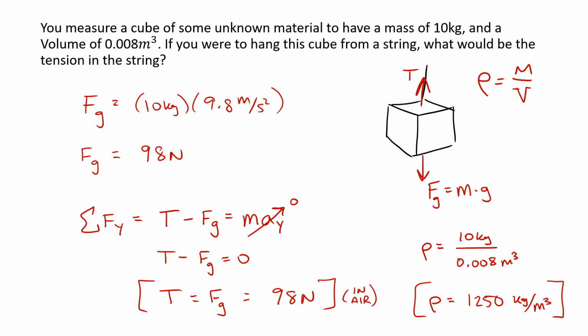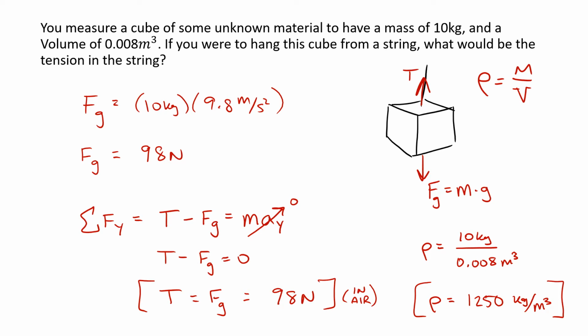All right, so we have the tension in air and we have the density of the object. I'm going to put this up on the board so I remember it. I don't have that much room. I write too big. So the tension in air is 98 newtons.